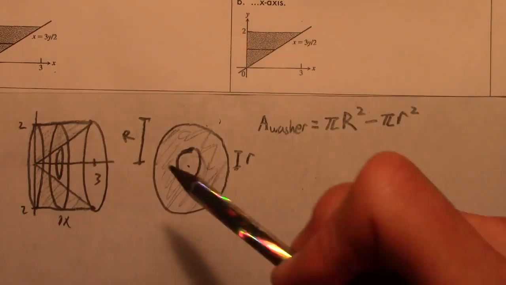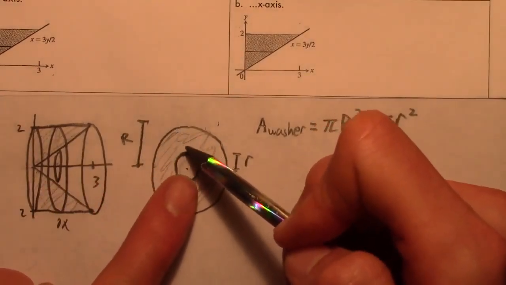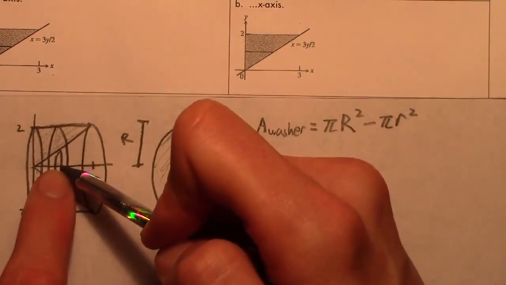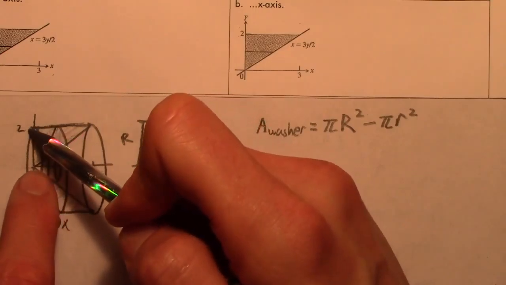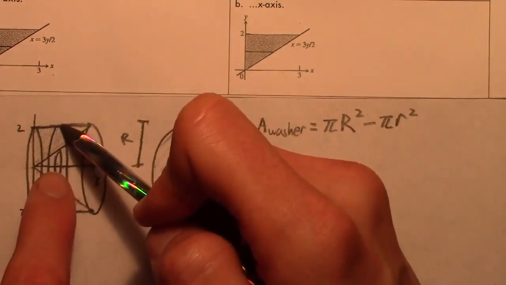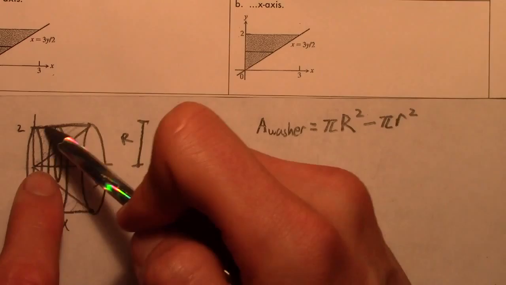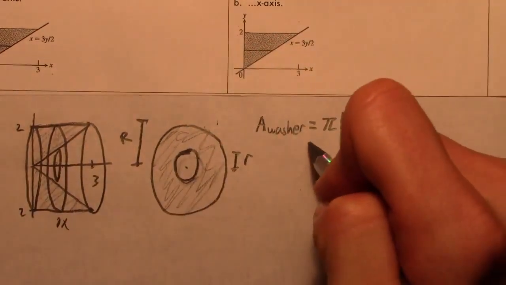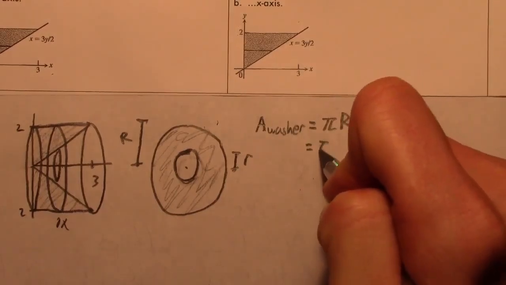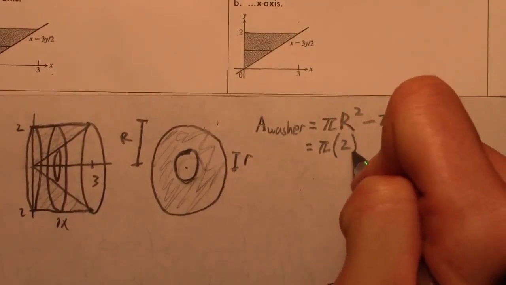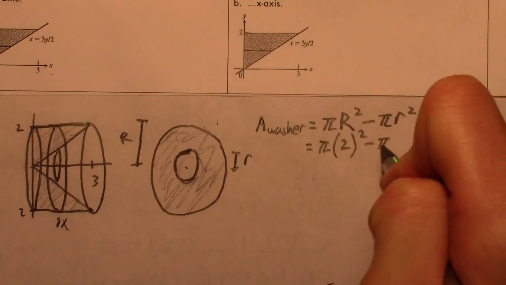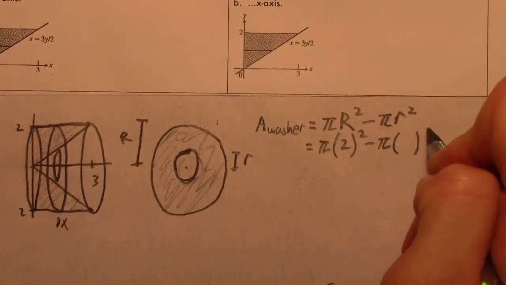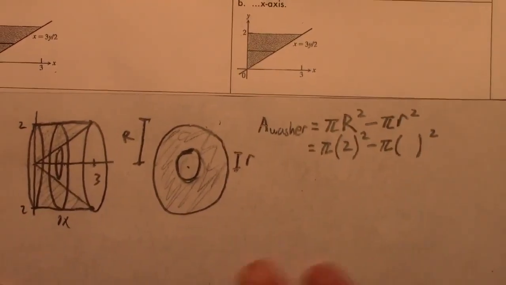So we need big R, so from the middle, from the x-axis up, the outside, the big circle always has a radius of 2. That big circle always has a radius of 2. So if I start plugging in, the radius is 2. Now I need to tease out what is the little radius.